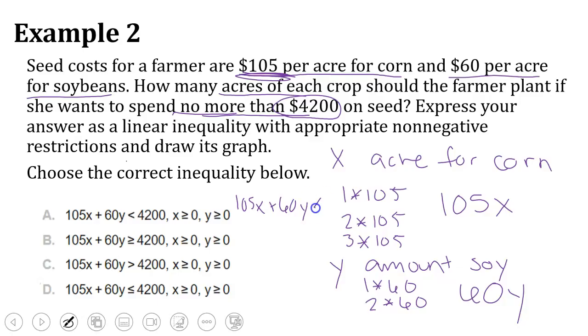So that is our bigger amount, but it needs to be less than or equal to, because we're willing to pay equal to 4,200. So here is my equation. Then the rest of the problem asks us to draw the correct graph.